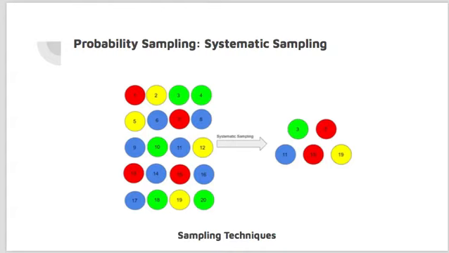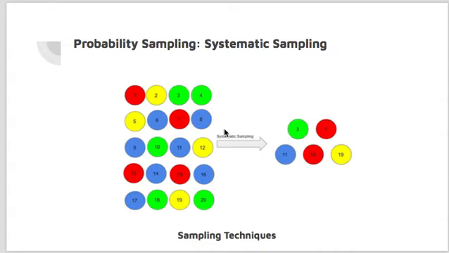For example, if your population size is 50 and we have to take 5 samples, we do 50 by 5, so the interval is 10. Every 10th we can select, and the rest in the same way. So this is systematic sampling.